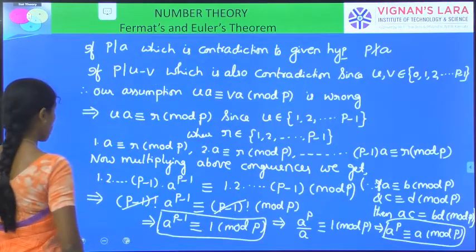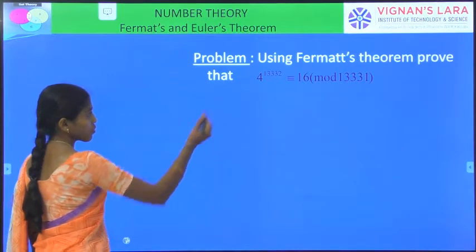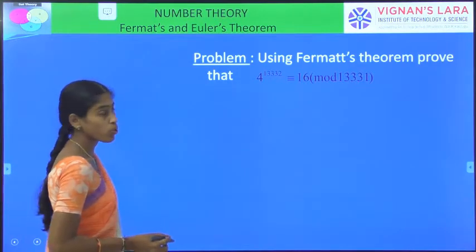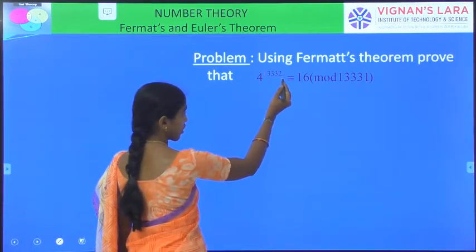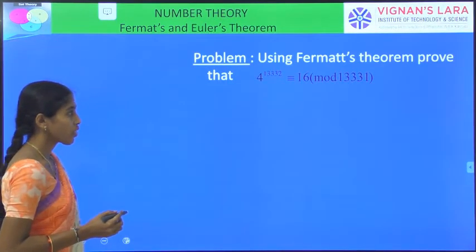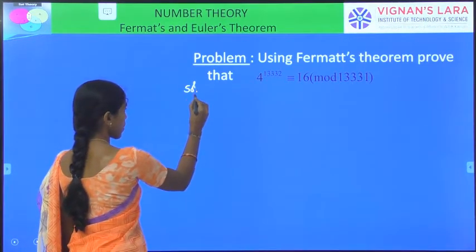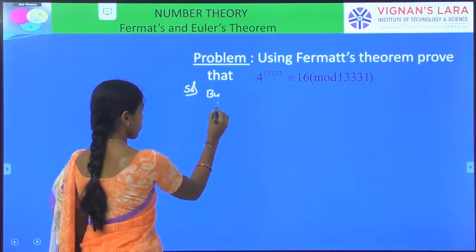Now we will see the problems on Fermat's theorem. Using Fermat's theorem, prove that 4 to the power 13,332 is congruent to 16 modulo 13,331. So what is the statement of Fermat's theorem?